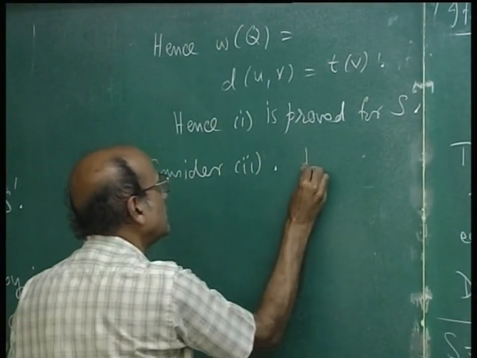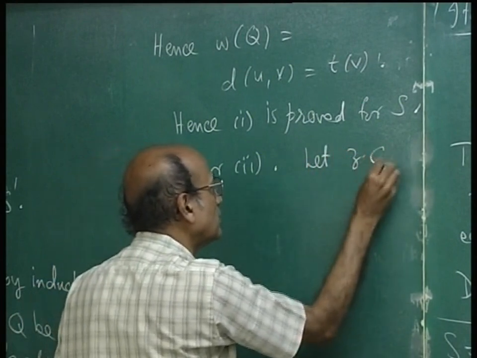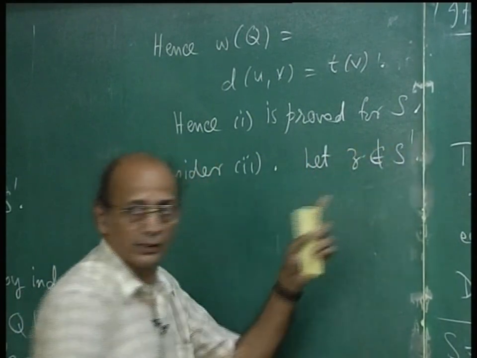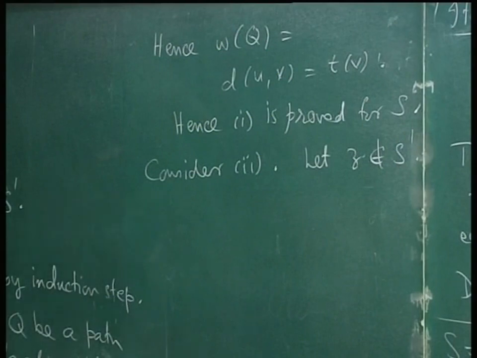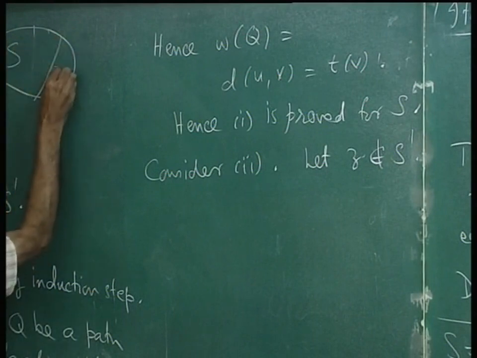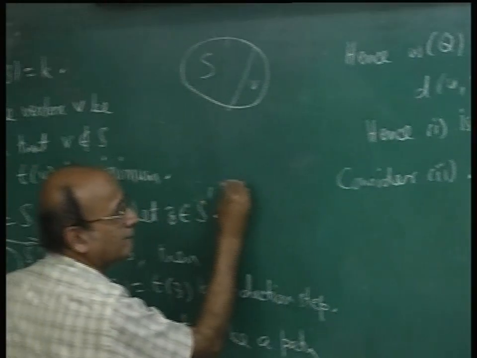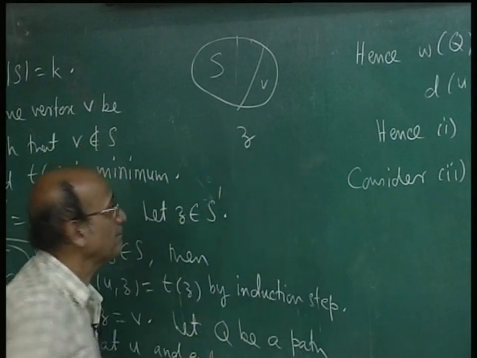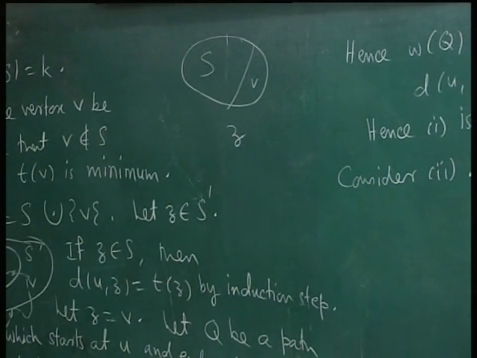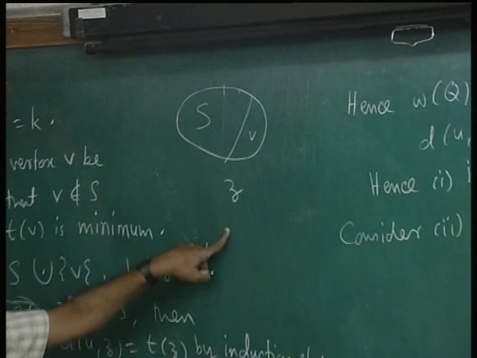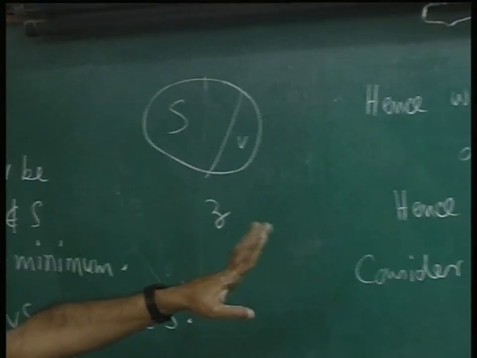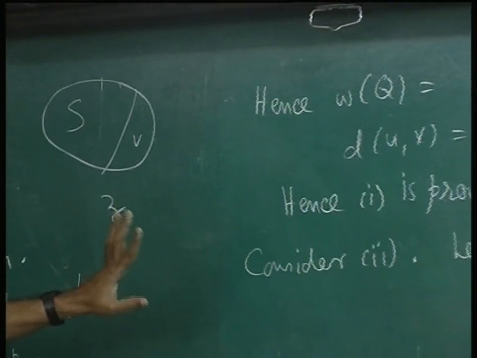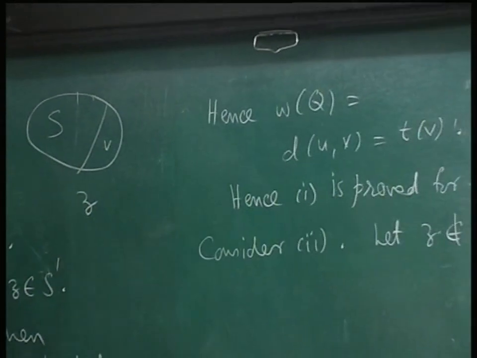Okay, so it is like this. When you go directly from S to Z, the minimum distance is what we have called T of Z, the so far minimum distance. Okay?